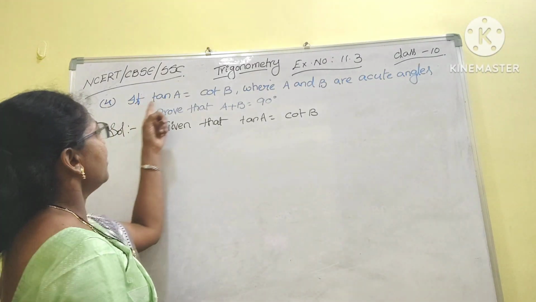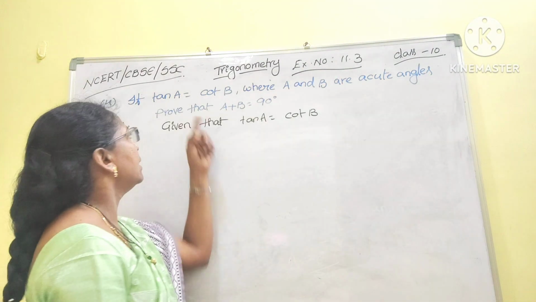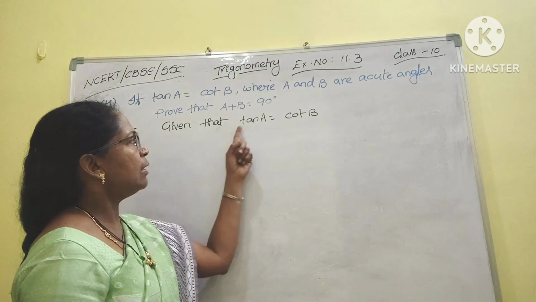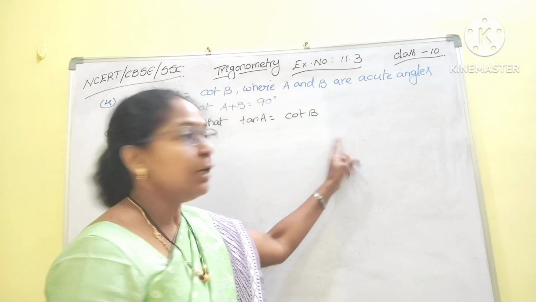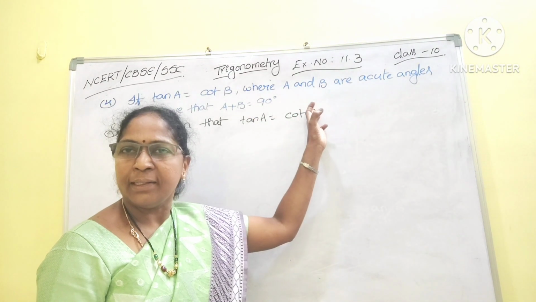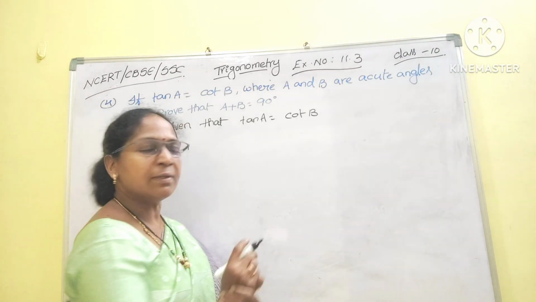Next question: if tan A equals cot B, where A and B are acute angles, prove that A plus B equals 90 degrees. Use this to show that A plus B equals 90 degrees. Here one is a tan ratio and another one is cot.